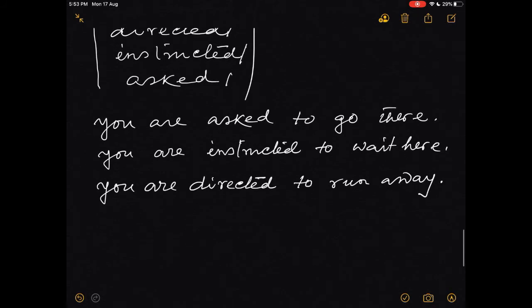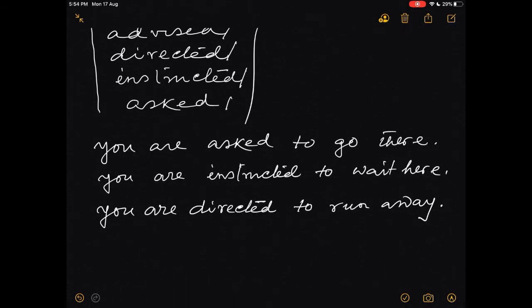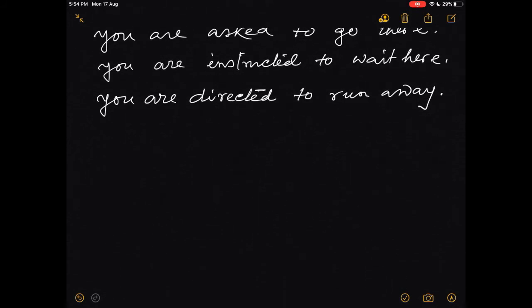Understand? So now you learned where you can use you are requested to, you are asked to, you are directed to, you are instructed to, you are advised to, you are ordered to. This syntax, this format of the passive voice.